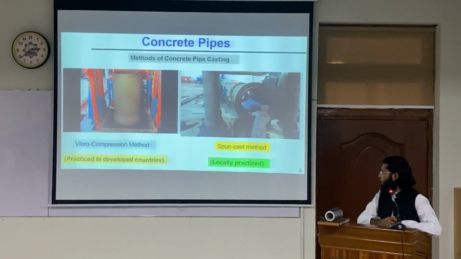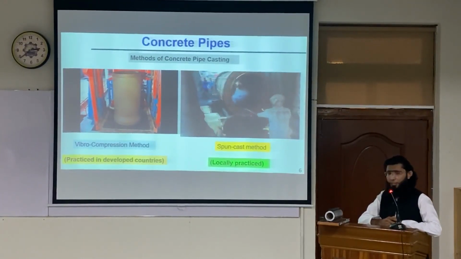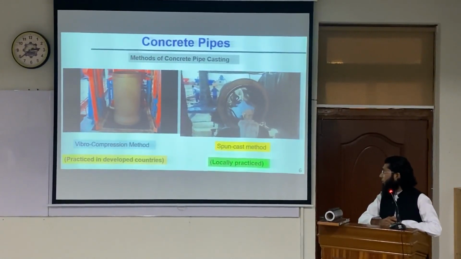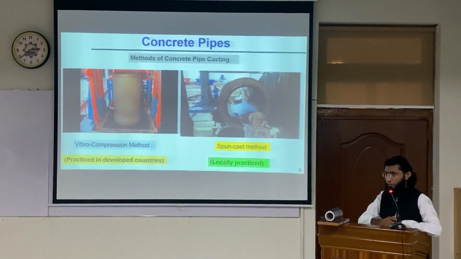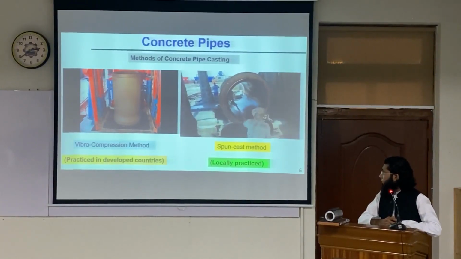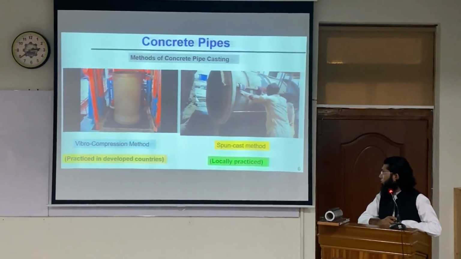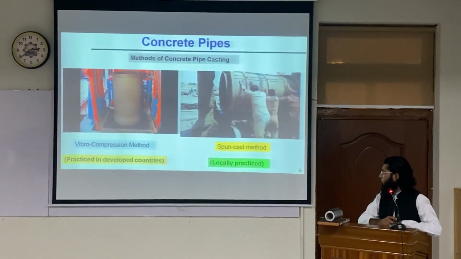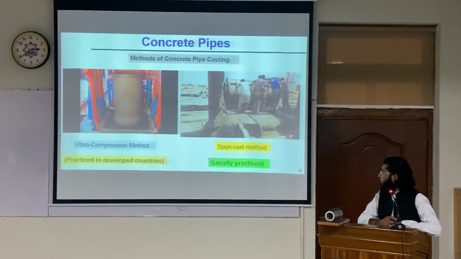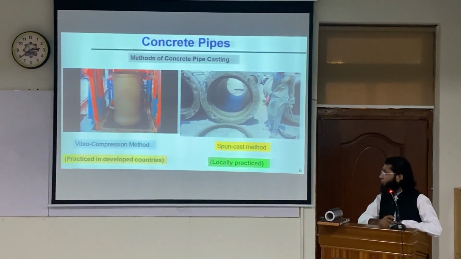So this is the dry cement added at a later stage for finishing purposes. The extra concrete needs to be scrubbed, and the inner surface needs to be polished. When the spinning is stopped, the mold is taken off the rollers, and the demolding is done after 24 hours.